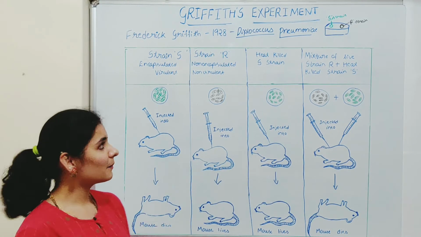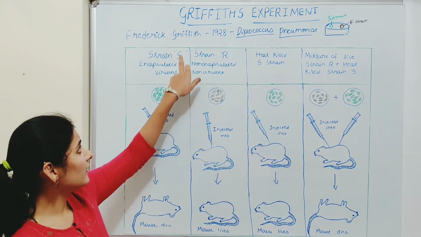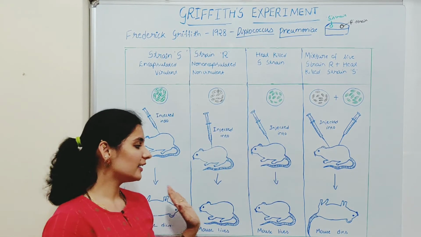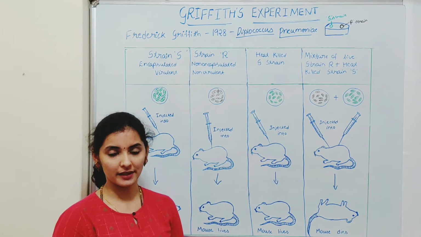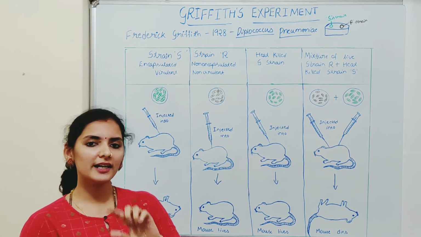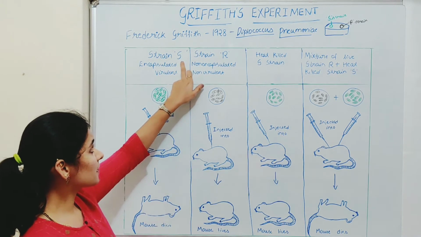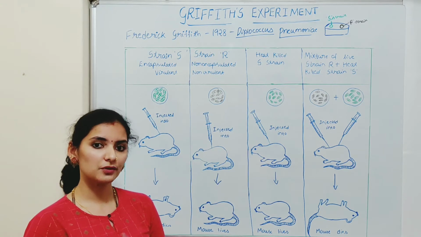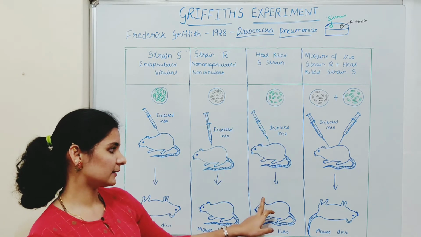From the first experiment, Griffith concluded that the S strain is virulent. Based on these results, he continued his experiments. Now, he wanted to discover whether the polysaccharide or mucin coat present in the S strain could be the cause of toxicity. For that, he conducted a third experiment.